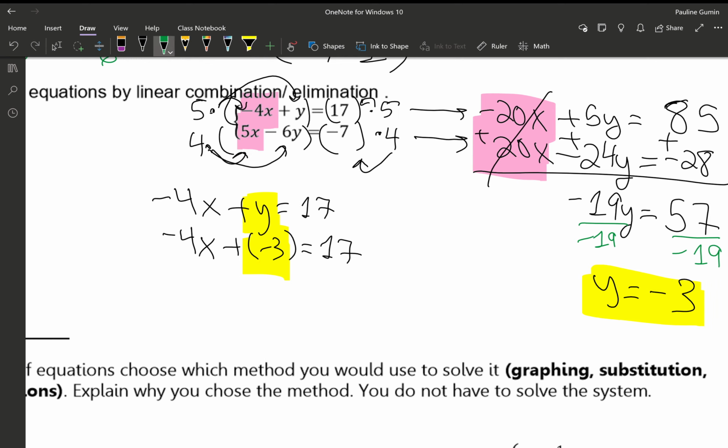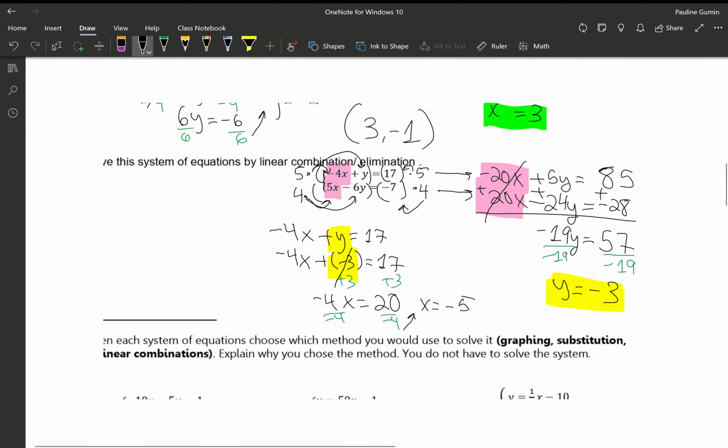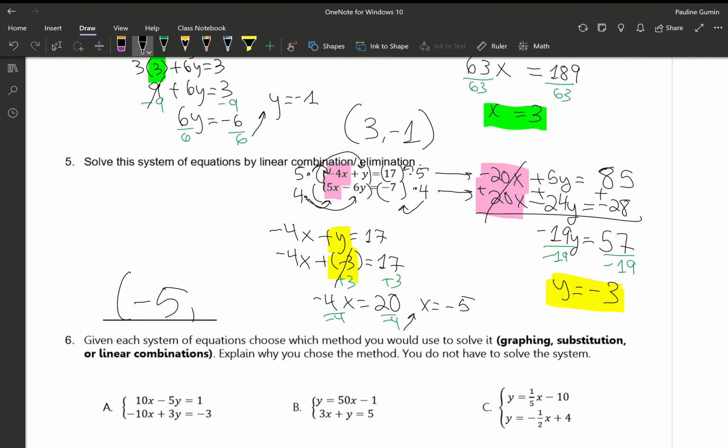So, to undo that minus 3, we're going to add 3 to both sides. Wonderful. Negative 4x equals 20. And we divide both sides by negative 4. X equals negative 5. So, our final answer here is negative 5 comma negative 3. Remember, we're always writing x and then y, so we're keeping this in alphabetical order.